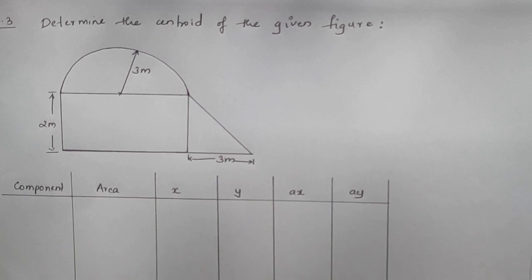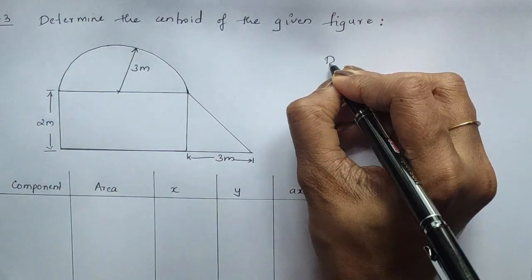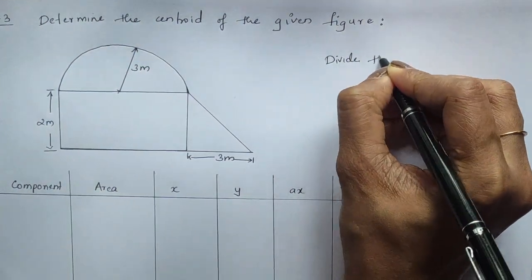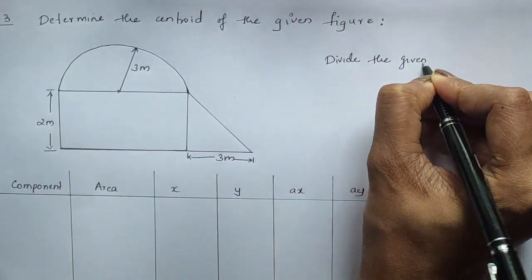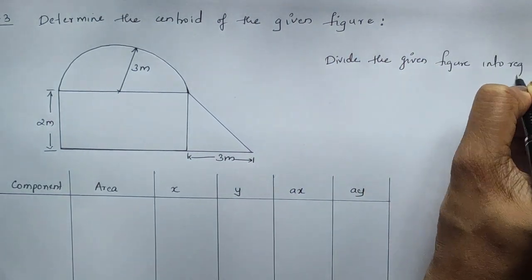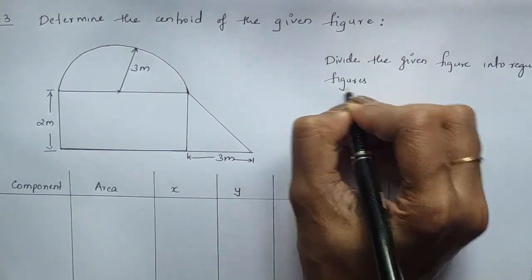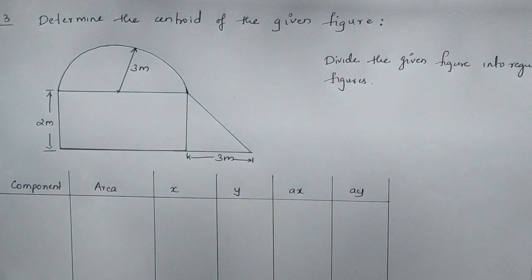Okay. So the first step we need to write always will be: divide the given figure into regular figures, like rectangle, semicircle, triangle, quarter circle, circle, whose centroid equations we have already derived or we already know.